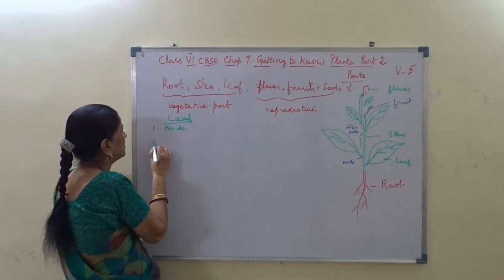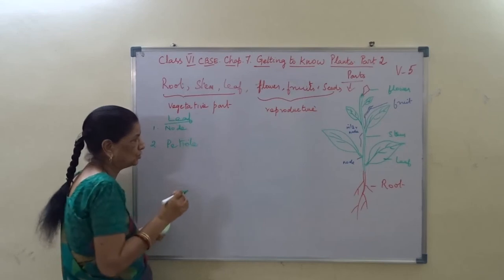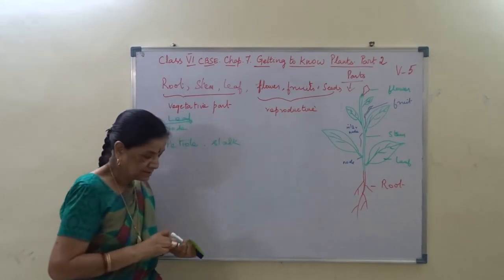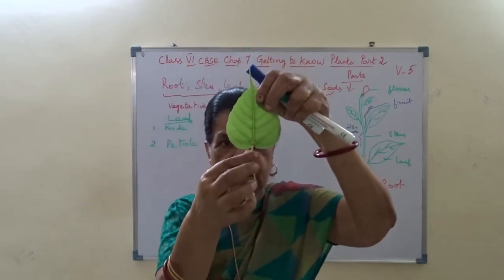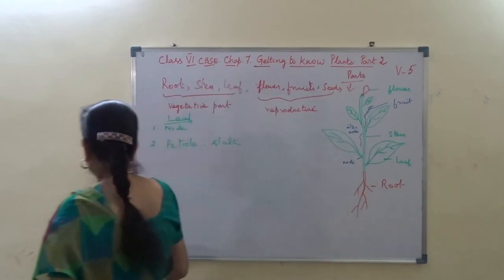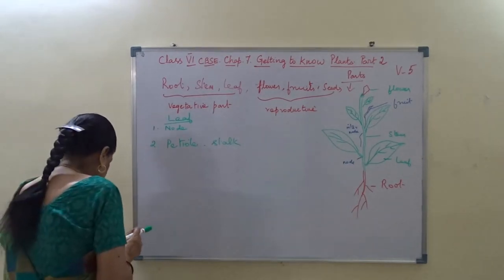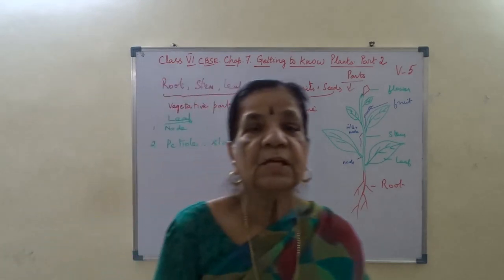Then the stalk of the leaf is called petiole. This is a stalk. This one is the stalk. And what I am holding is the stalk. The stalk of the leaf is called petiole. Okay? Not necessary that all the leaves should have petiole.